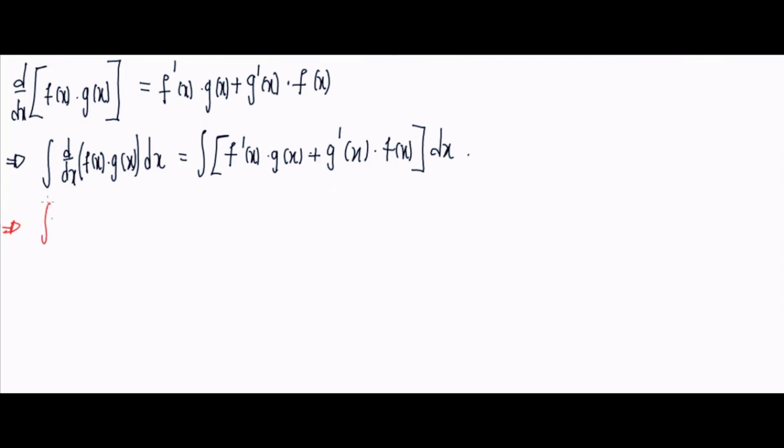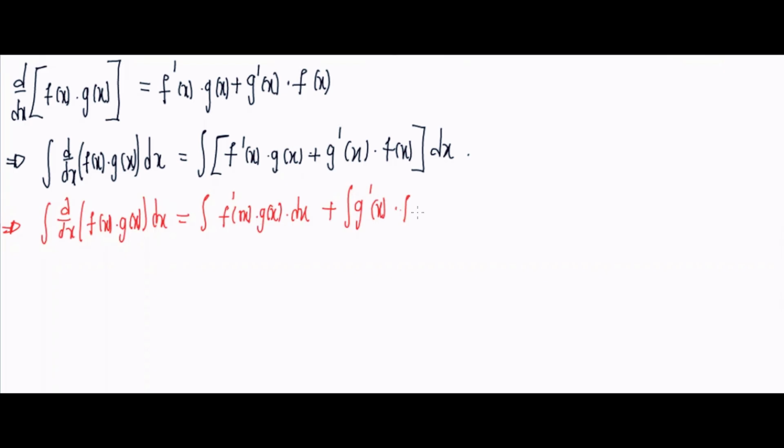So we're going to have the integral of d/dx of these two functions which are multiplying each other dx, which is equal to the integral of f prime of x times g of x dx plus the integral of g prime of x times f of x dx.